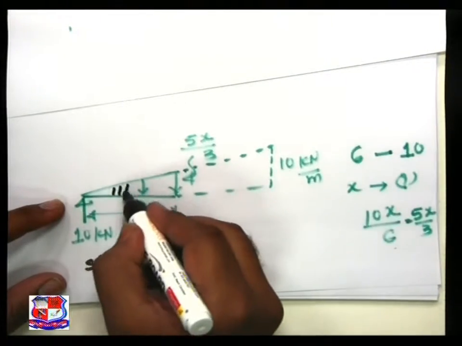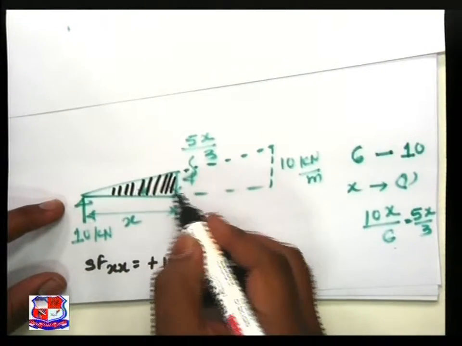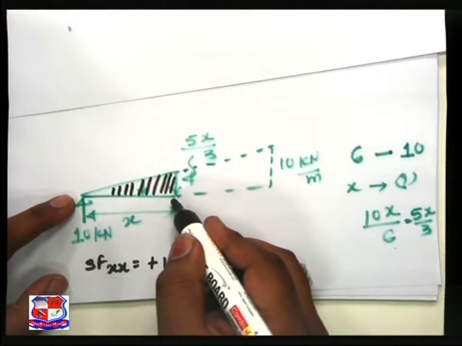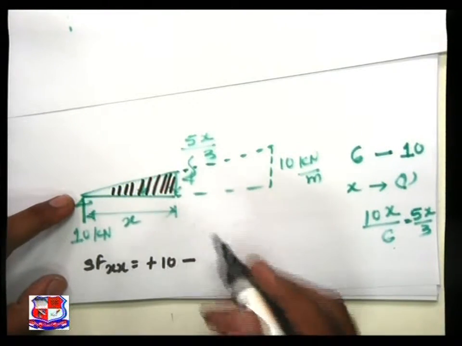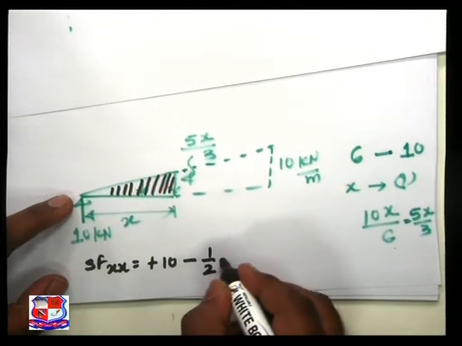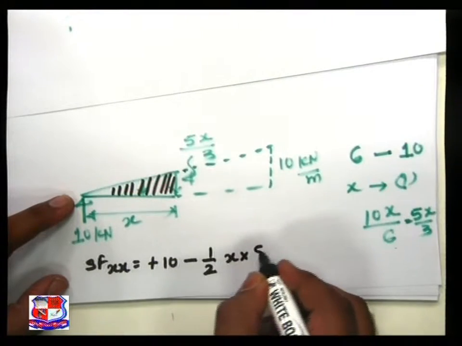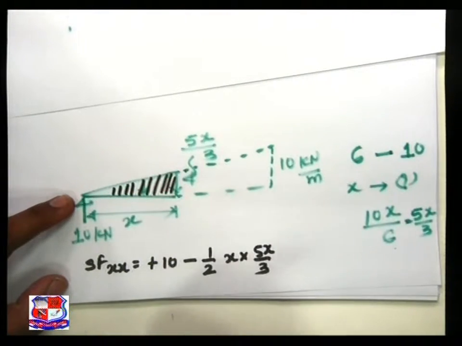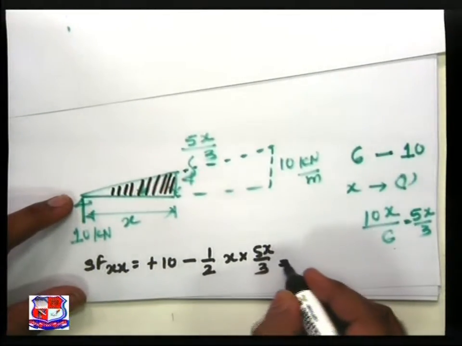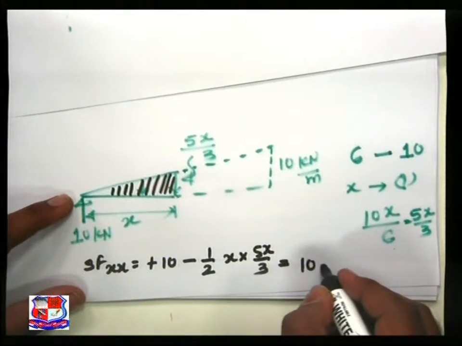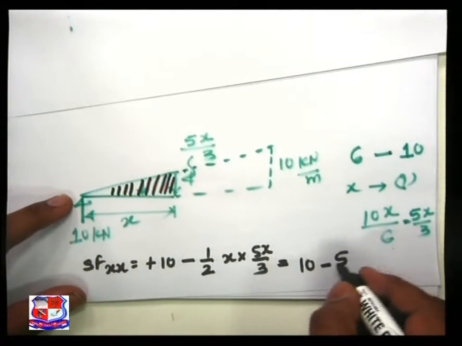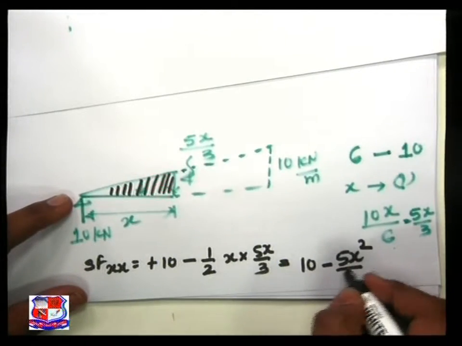Downward load is nothing but this partial UVL, which is the area of triangle, half into x into 5x by 3, and that is equal to 10 minus 5x square by 6.